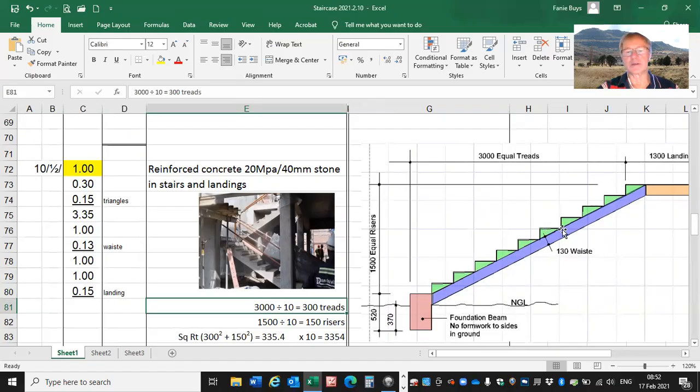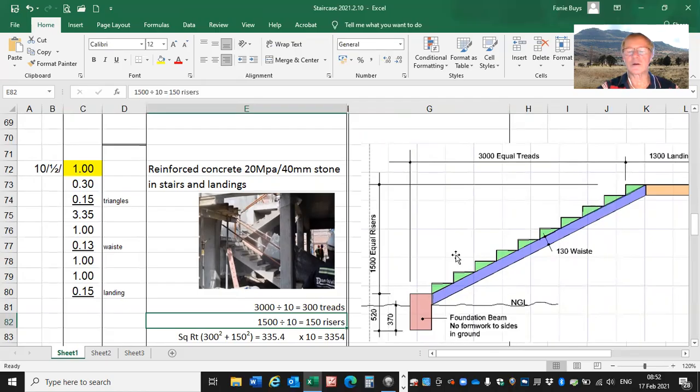That's 300 millimeter. Similarly, we look at the rises. That's the vertical part of a staircase. You'll see that the dimension is 1,500. There are also 10 rises from that point to that point. So the height of each riser is 150 millimeter.